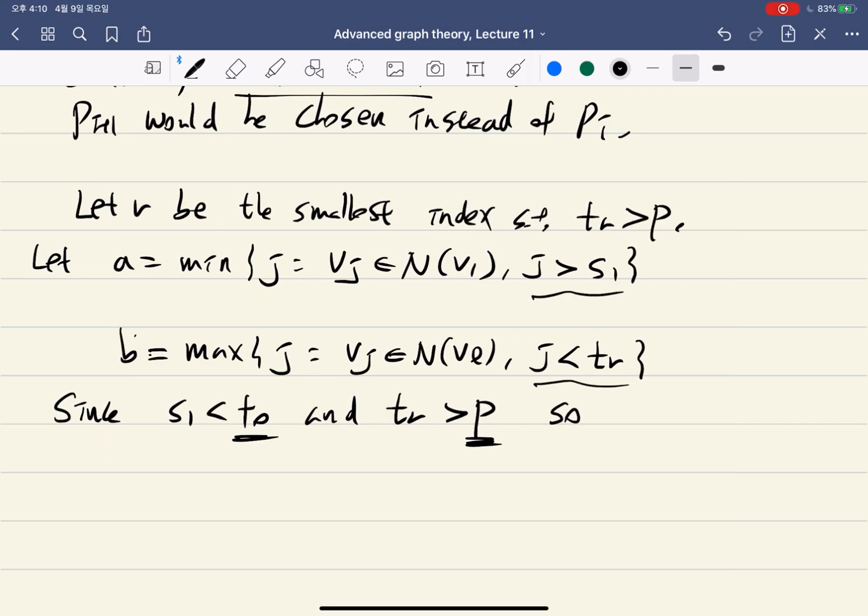So there is at least one pair satisfying this condition. So we take A as minimum and B as maximum, so they are well defined.